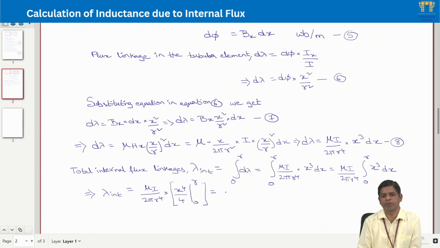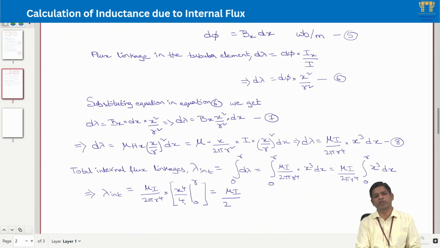So if you substitute the limits, you will be getting mu I by, now already you have 4 in the denominator and apart from 2, so this will be 2 into 4 into pi into r power 4, and when you substitute the limits in numerator you get r power 4.